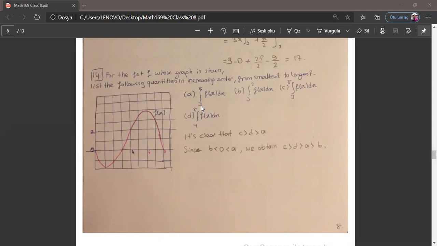And a starts with exactly 0 to 3, and it will be greater than b. That's because if we subtract this area from that, we will have something positive, and by using these two inequalities we get this.